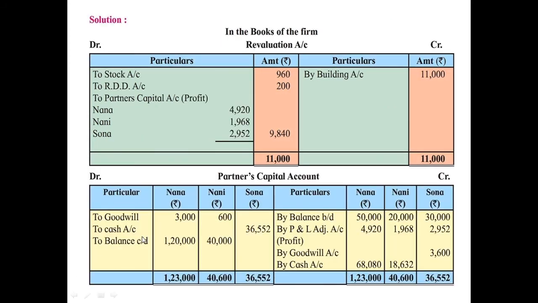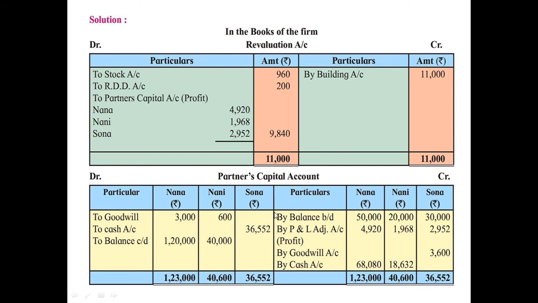After recording the entry of goodwill, then the entry of balance carried down on the debit side, then recording the entries of balance brought down, revaluation profit and goodwill on the credit side, we have to find out the balancing amount.